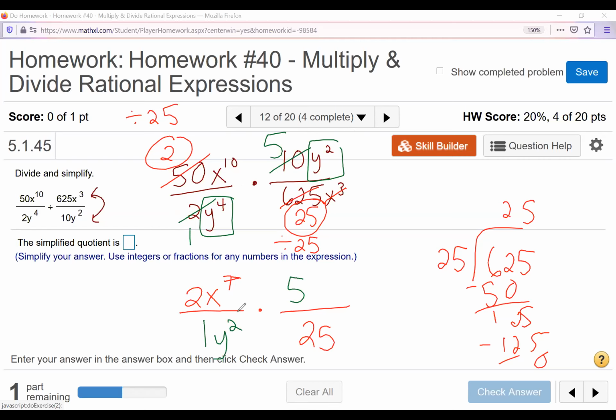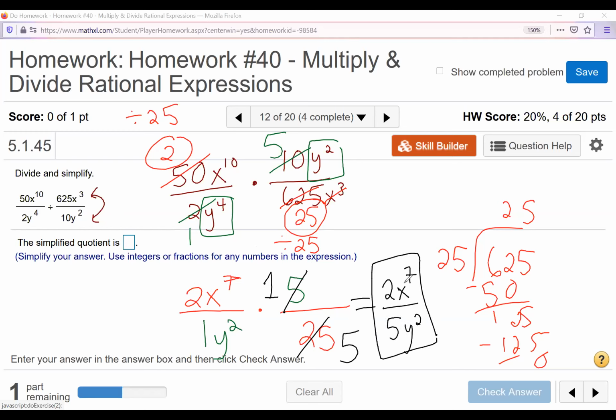All right, good. Now we can multiply across. It looks like we're almost done. I can also reduce this 5 and 25 now that I take a look at the second fraction. 5 divided by 5 becomes 1. 25 divided by 5 becomes 5. Now I multiply across. 2x to the 7th times 1 is 2x to the 7th. 1y squared times 5 would be 5y squared.